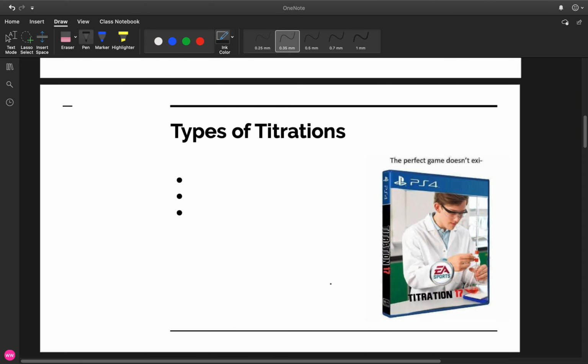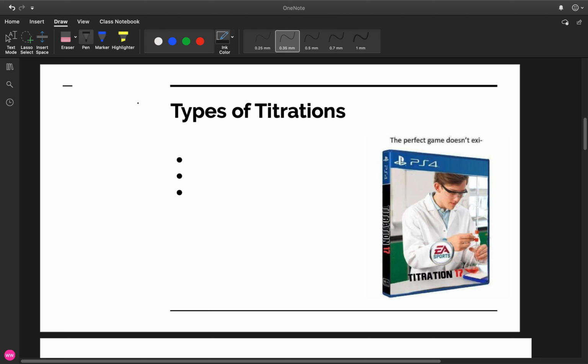So there are a couple types of titrations that are out there. Once again, the one that we're going to be looking at is a strong acid, SA, strong base, SB titration. The analyte can change in terms of its strength. However, the substance that you're titrating with, the titrant, should always be strong.